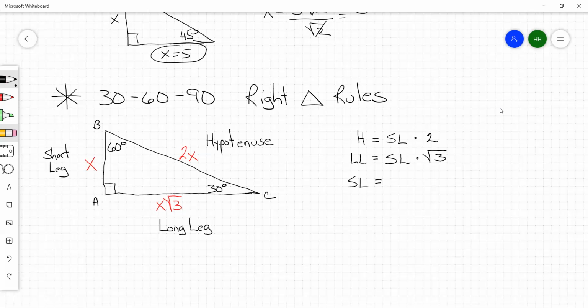The short leg is either equal to the hypotenuse divided by 2, or the short leg can also be equal to the long leg divided by what? Radical 3, good.